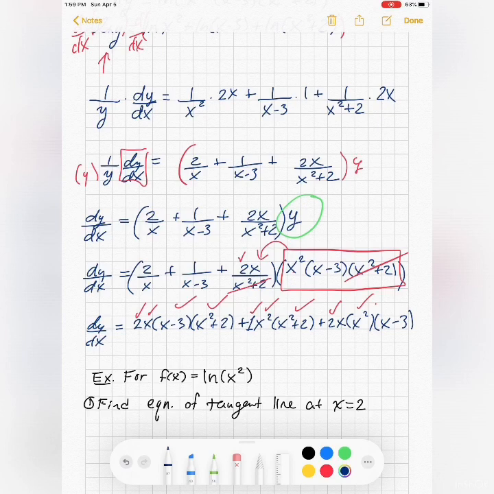So that one's a little bit more interesting. And I think we could even leave that there.